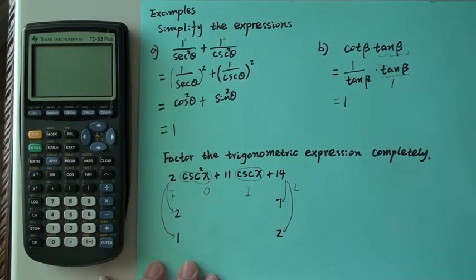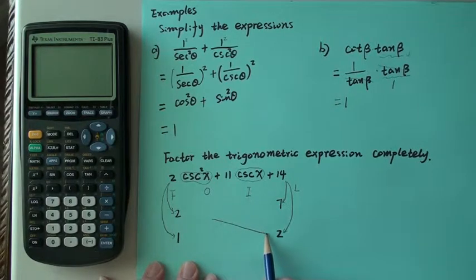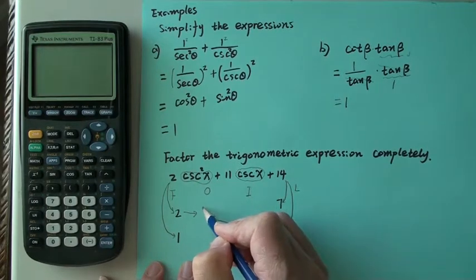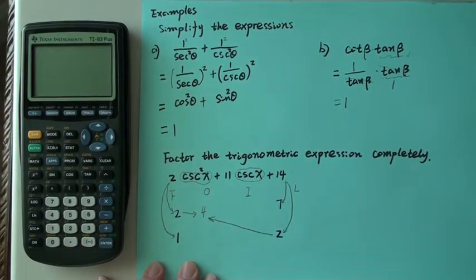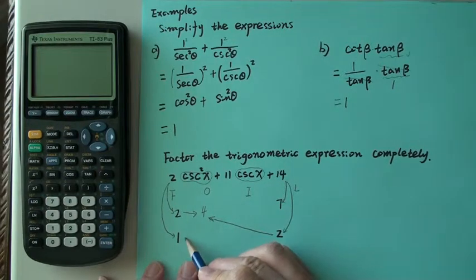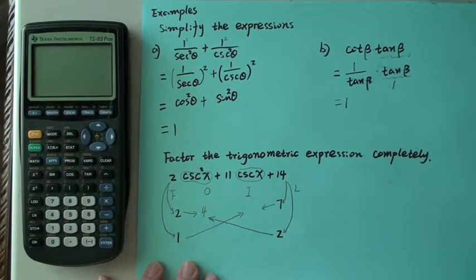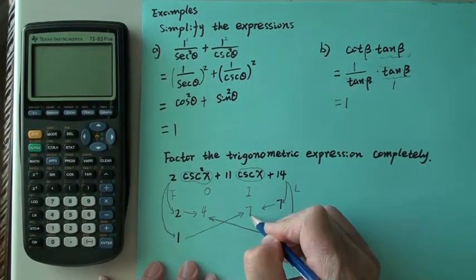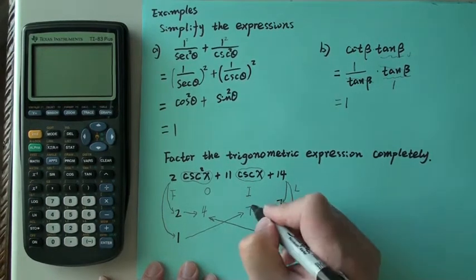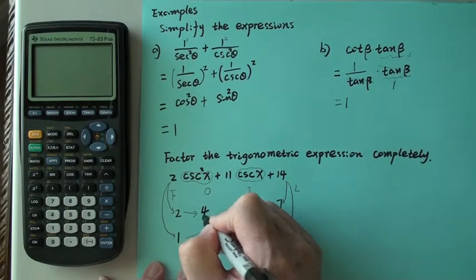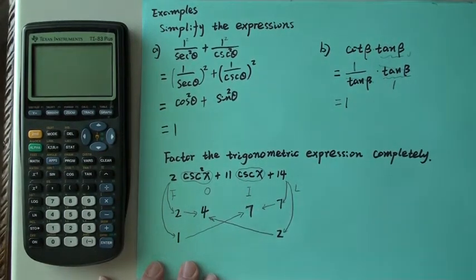Now, is the case like this. If you do 2 times 2, 2 times 2 is 4. That will give you outer product. And if you do 7 times 1, that will be 7. Okay? And then this will be your inner product. Okay, so 4, 7. All right?